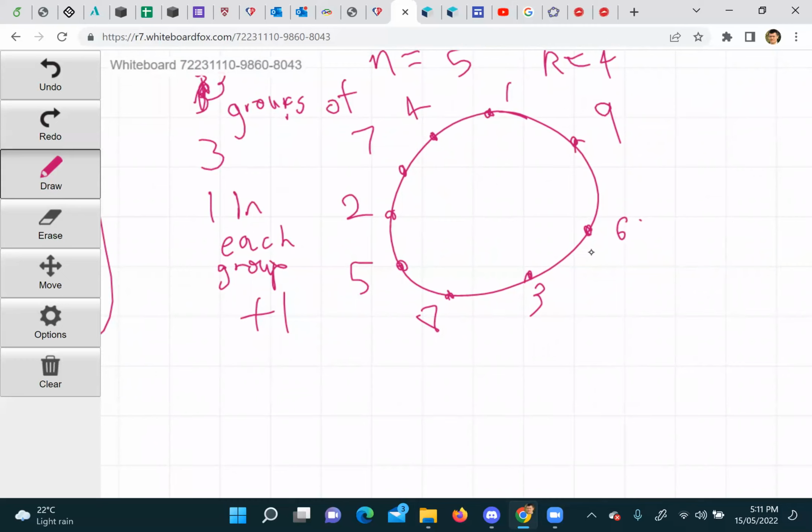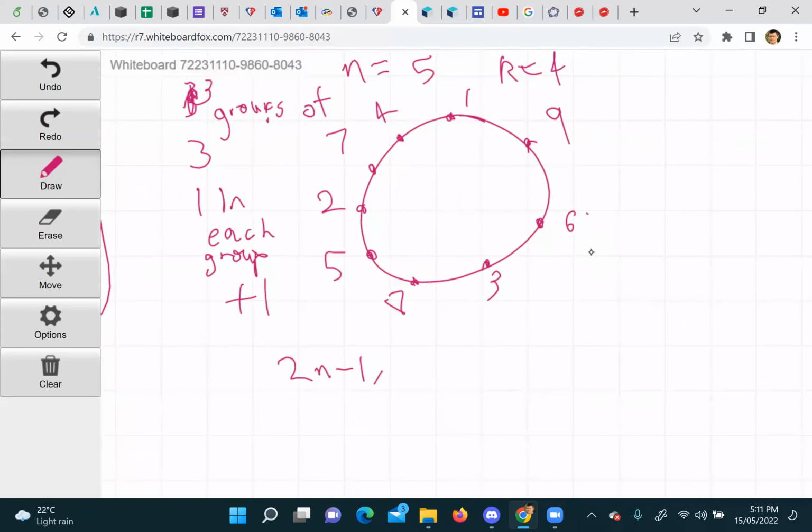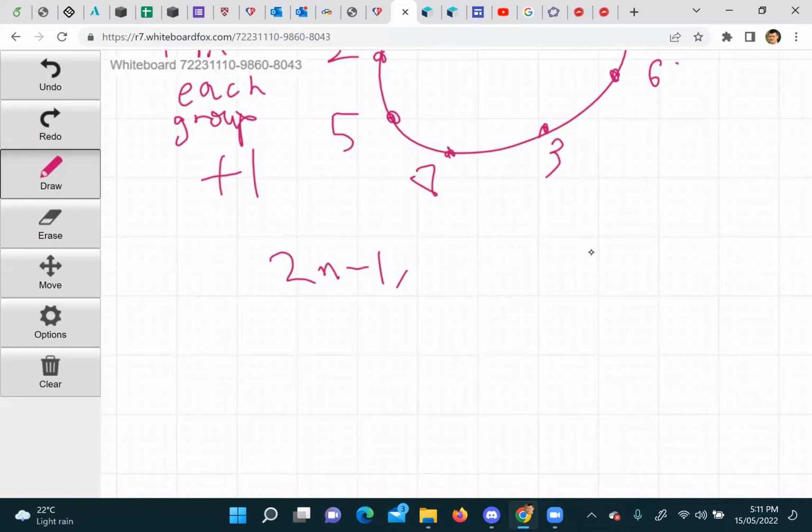Like 2n minus 1 and the GCD of the numbers. If you think about it, you're going across n plus 1, right? So you have to go n plus 1 objects.